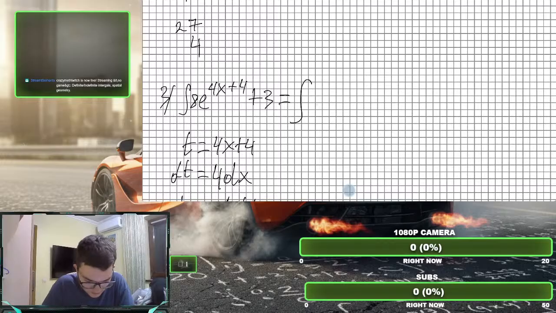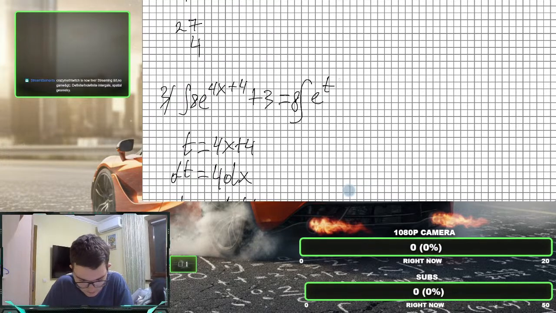equal integration. I can put the 8 up front, but 3 just disappears. It's gonna be e to the power of t. So 8 up front, and here's that formula. It's easy to integrate, so it's 8 times e to the power of t, and basically plus c.